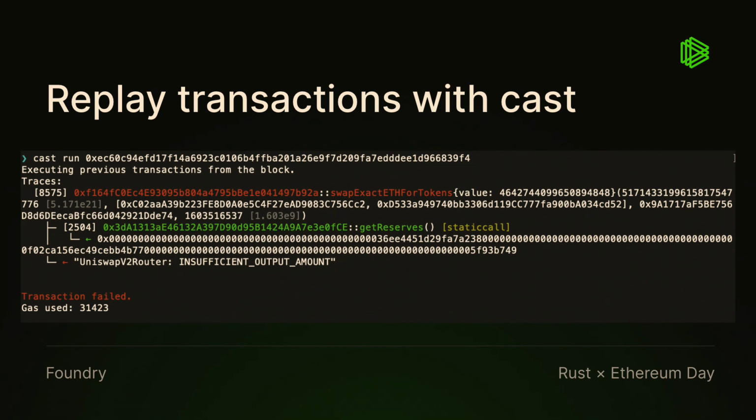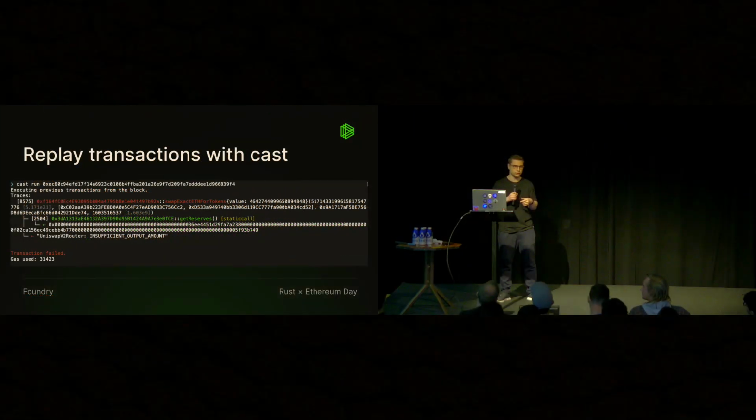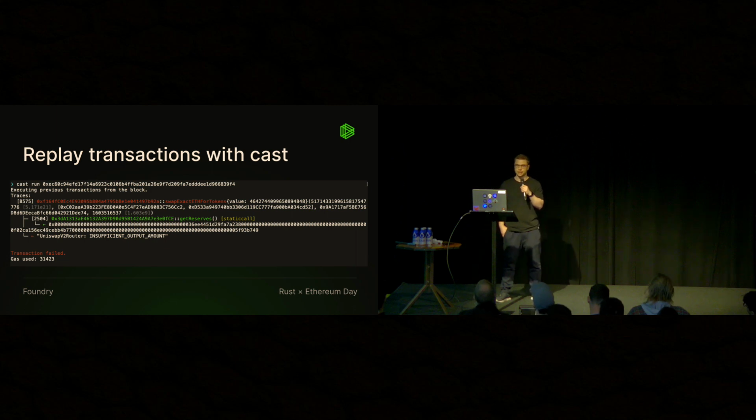For example, there's cast run, which takes an Ethereum transaction hash and then replays that transaction locally. So it first forks the network at the block that this transaction was mined in, then executes all the previous transactions locally, so you get to the state the transaction used when it was first included in the node. And then it re-executes this transaction and displays all the traces.